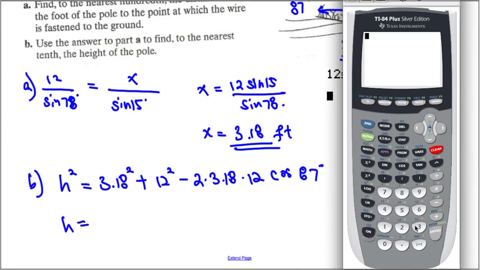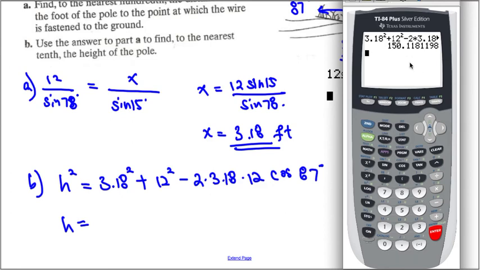So first, I'm going to calculate 3.18 squared plus 12 squared minus 2 times 3.18 times 12 times cosine of 87.